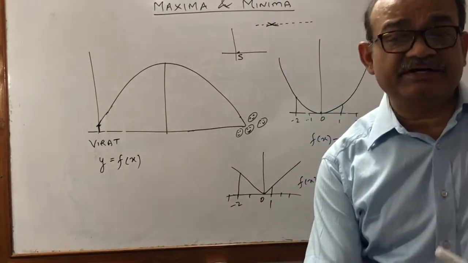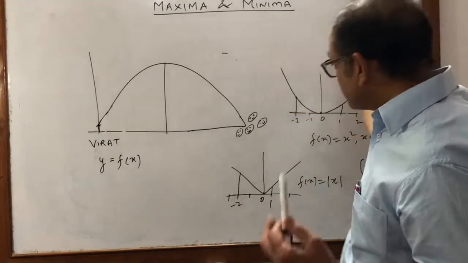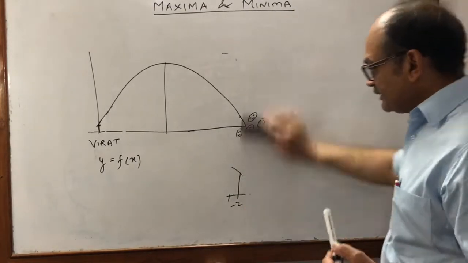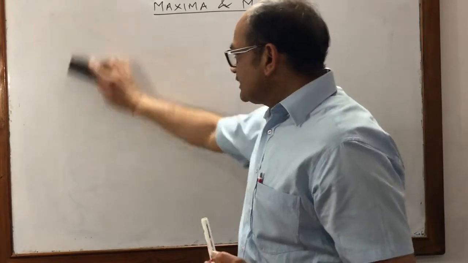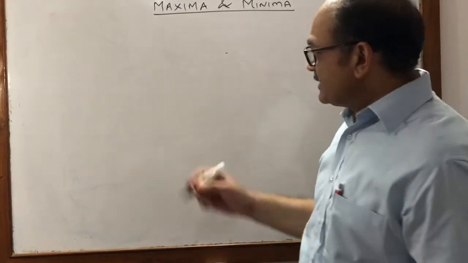What is the first derivative test of maxima and minima? First we start with the first derivative test and then the second derivative test. So what is the first derivative test? Very simple.